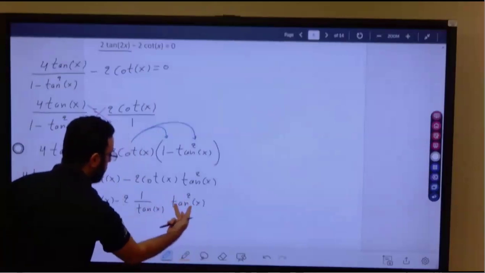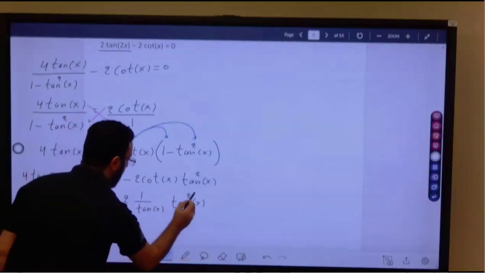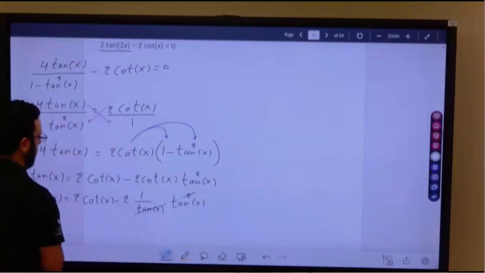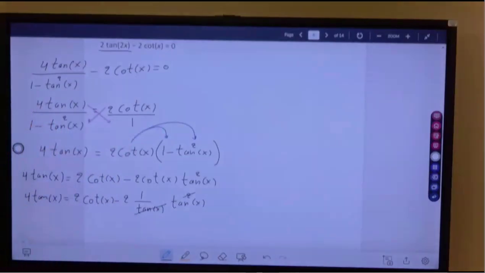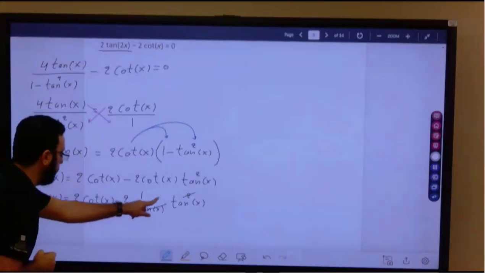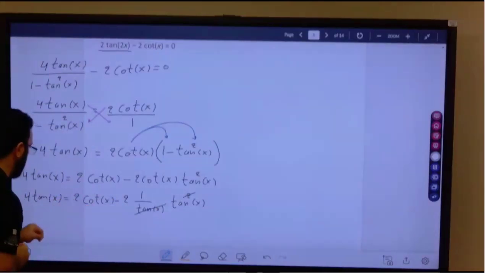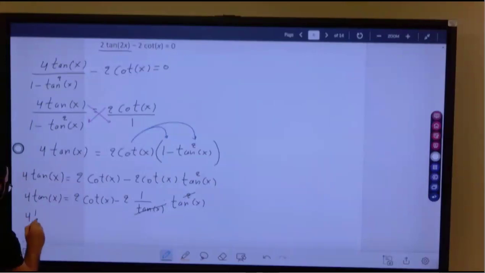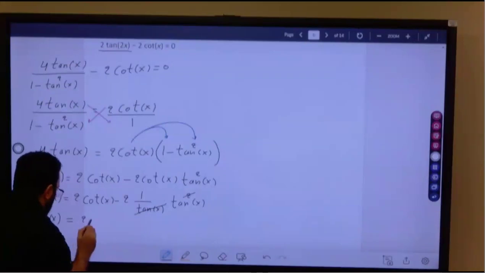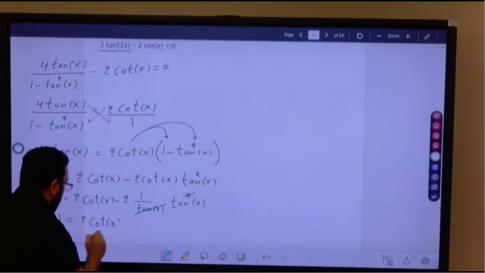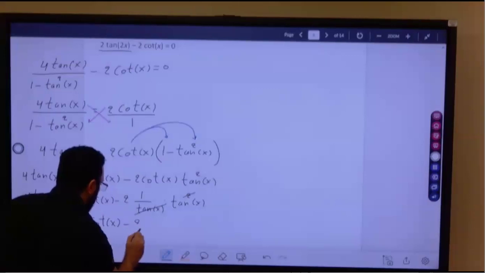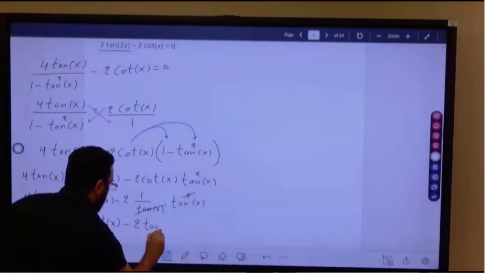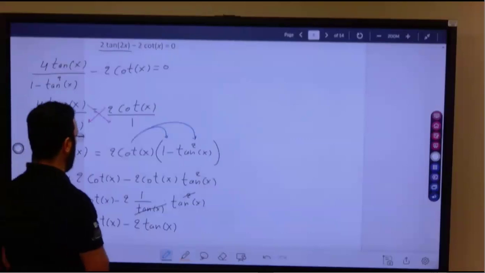Tangent squared, the operation is multiplication. I can cancel one of the tangent with this one. Let's see what's left. The left is 4 tangent x equal, the left here is 2 cotangent x minus 2 tangent x. That's good.